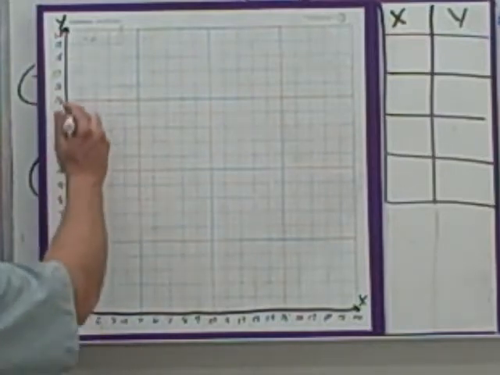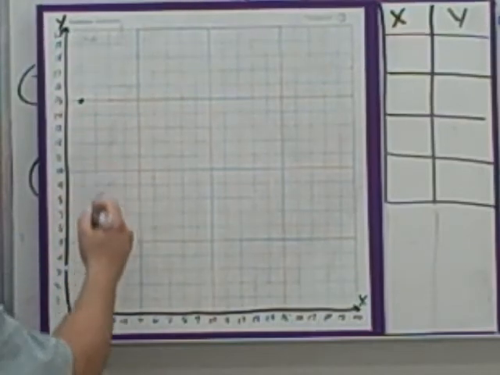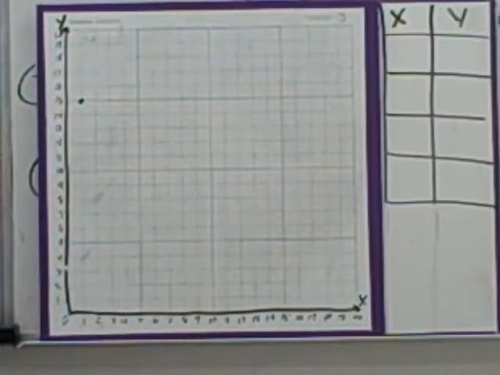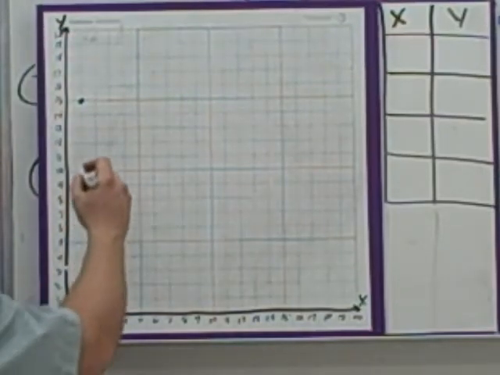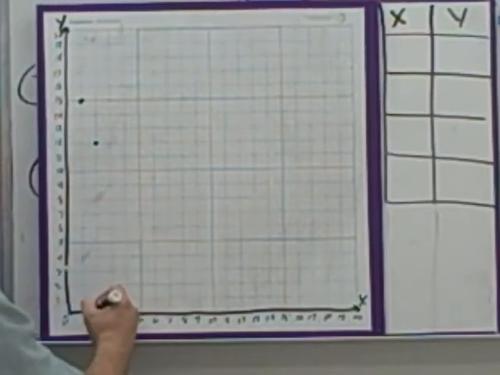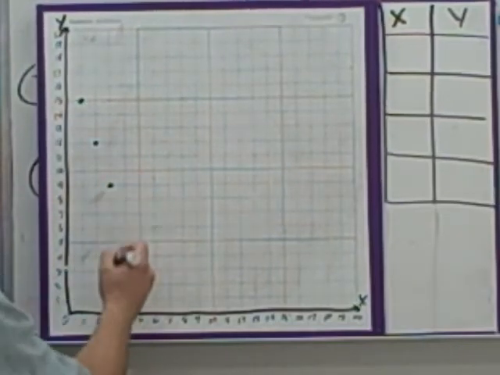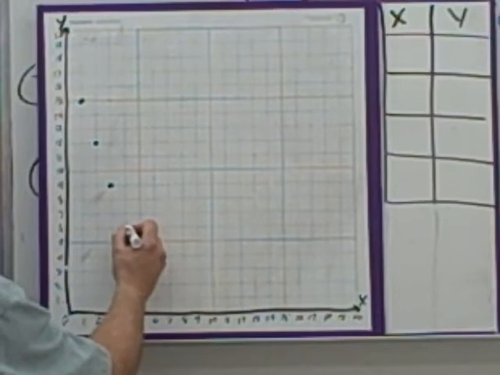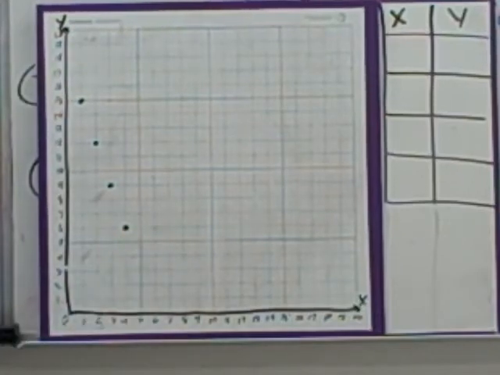So 1, 15. 2 is going to be at 12. 3 is going to be at 9. 4 is going to be at 6. Pause the video, do the table, write the expression, and we'll look at it in a minute.